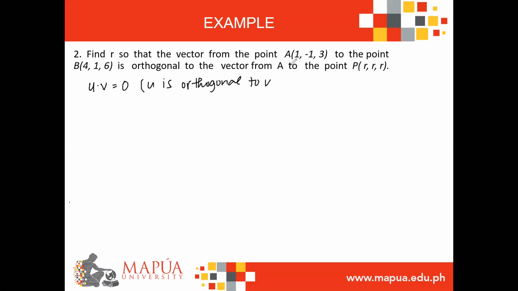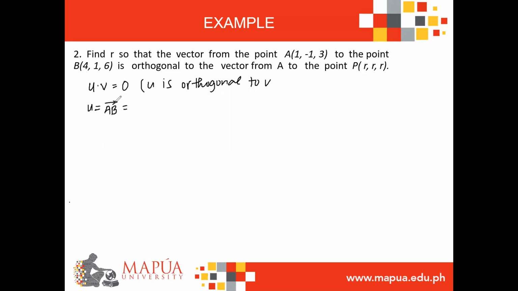So we have here now the first vector, the vector from the point A to the point B. So that is vector u, which is the line segment AB.